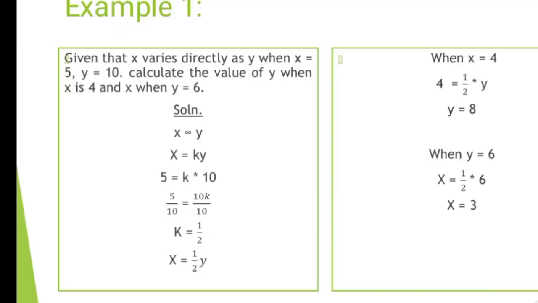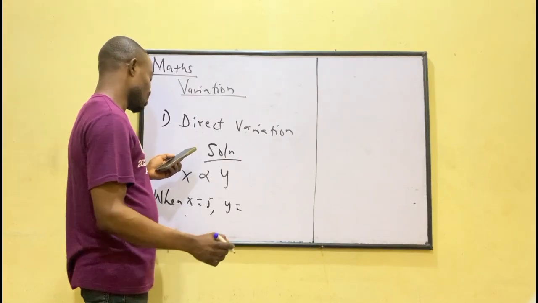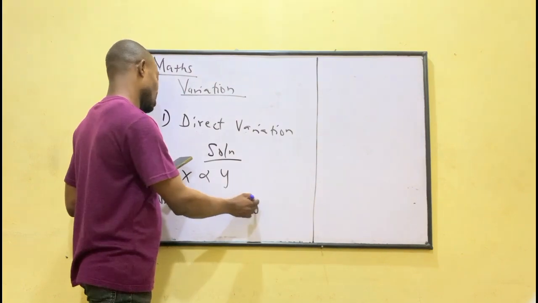Given that x varies directly as y, x is equal to 5 when y is equal to 10.